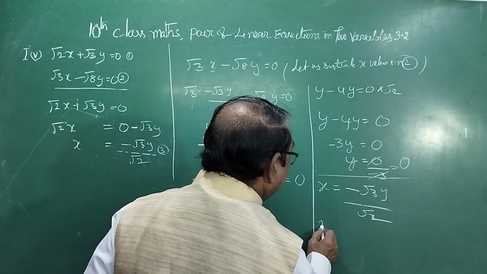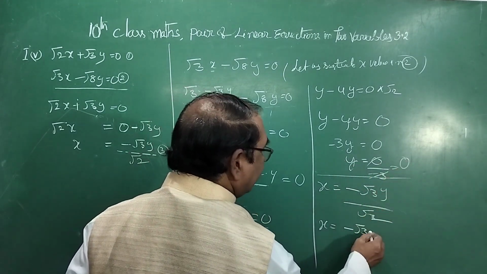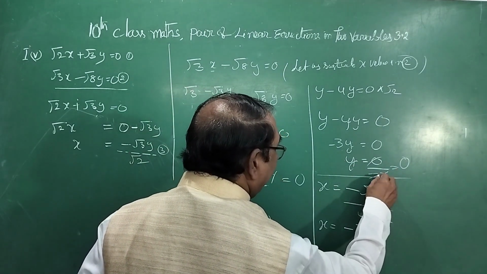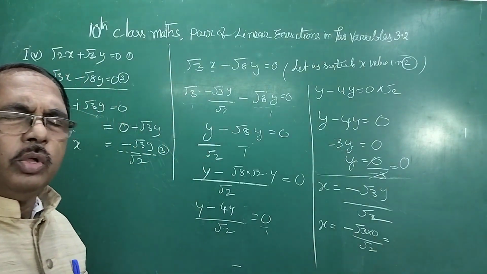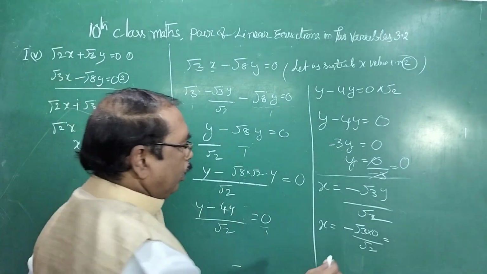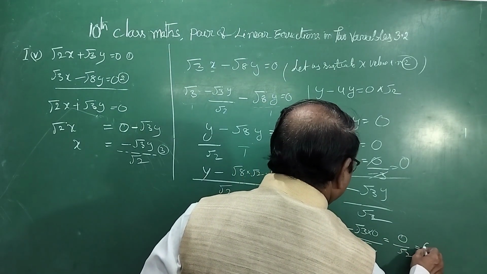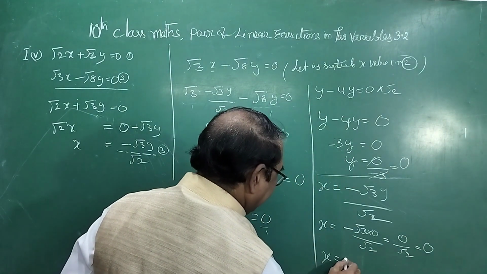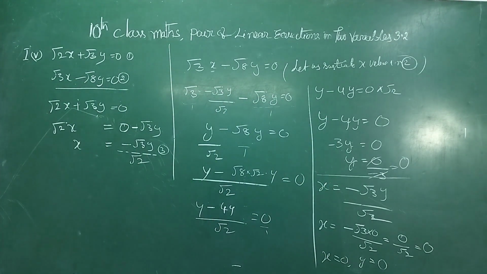Substitute the y value, which is 0: minus root 3 into 0 by root 2. Root 3 into 0 is 0, whatever we multiply with 0 is 0, so that is 0 by root 2, which is equal to 0. That means x is equal to 0 and y is also equal to 0. Are you able to understand?